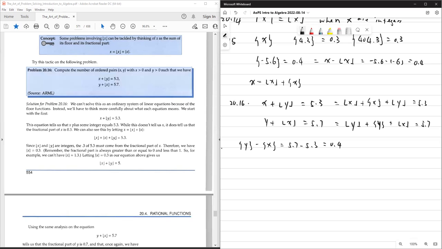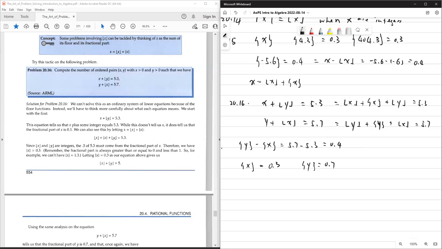So when we add up the two, the decimal part of x equals the decimal part of this, which is 0.3. The decimal part of y is 0.7, and the difference is 0.4.